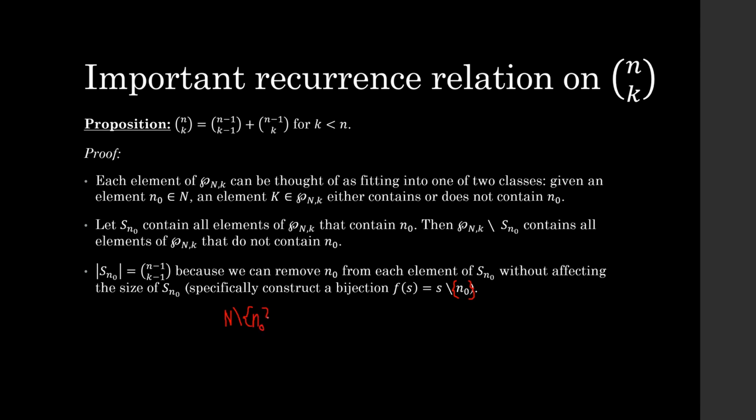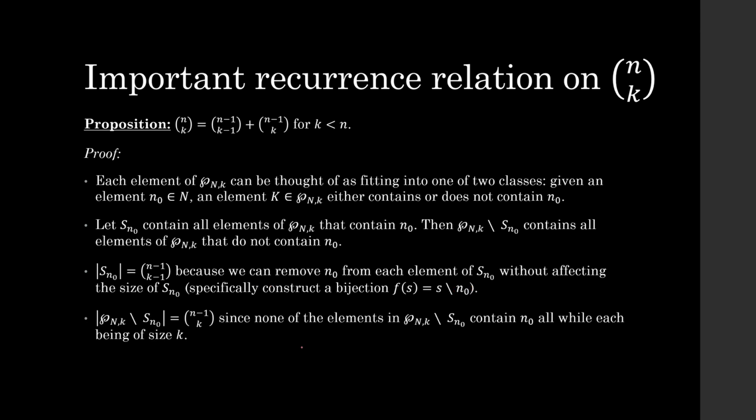So you can kind of just forget about n0. And since we've removed n0, each of them is going to be of size k minus 1, since originally with n0 they were size k. So it's like choosing all the subsets of size k minus 1 from an n minus 1 set. And so that's the definition of n minus 1 choose k minus 1. So that gives us the size of S n0 by that bijection, and so that gives us the size of one of them.